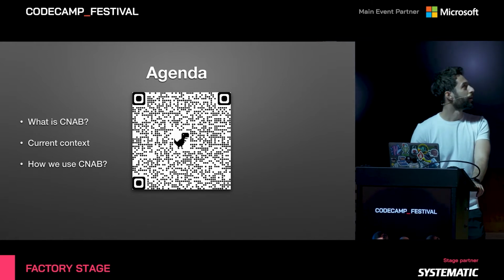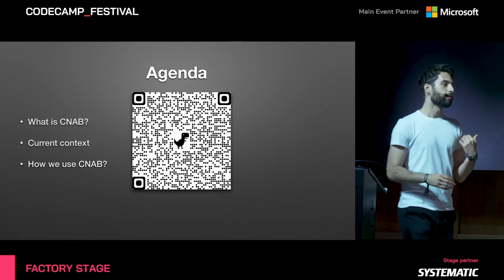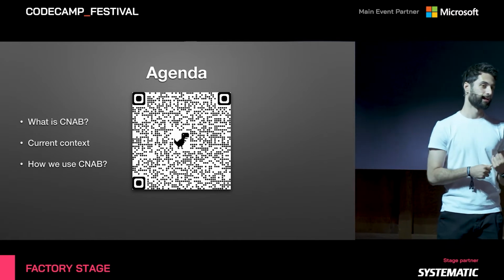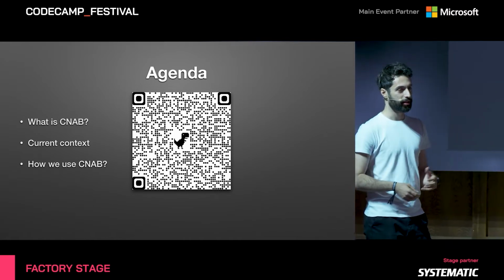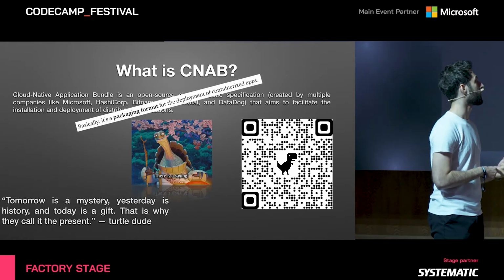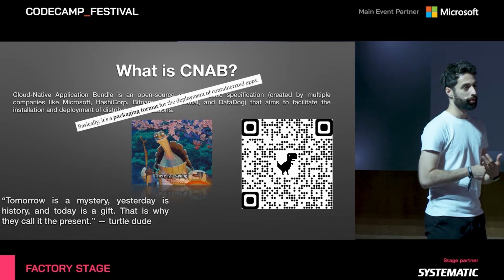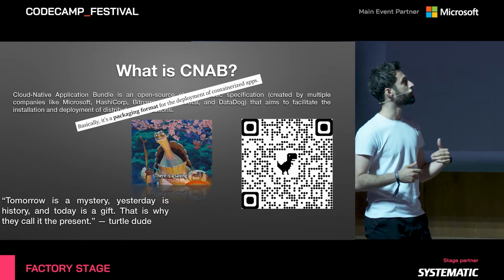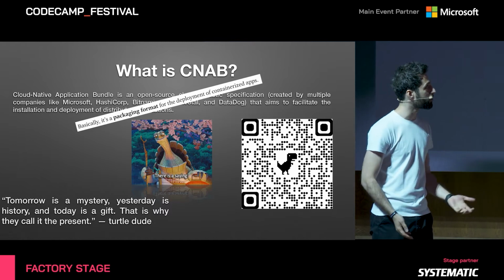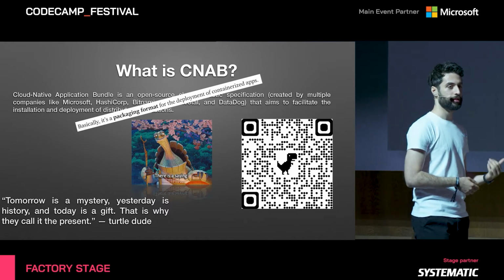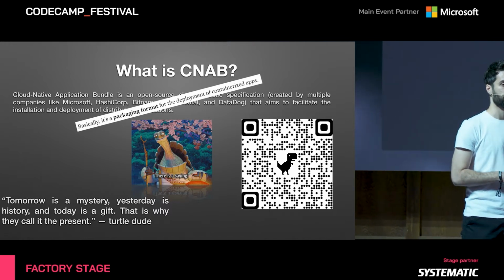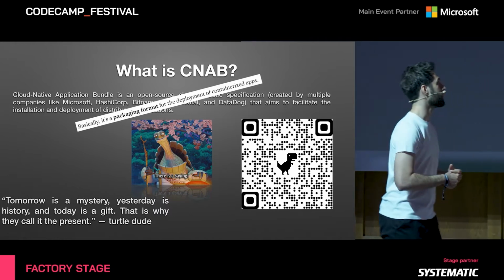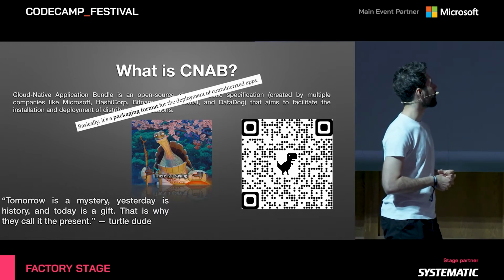Okay, so if we were to search on the internet what is CNAB, stating the obvious, it's an acronym: Cloud Native Application Bundles. The definition is an open source cloud agnostic specification that aims to facilitate the installation and deployment of distributed applications, which is quite a mouthful.